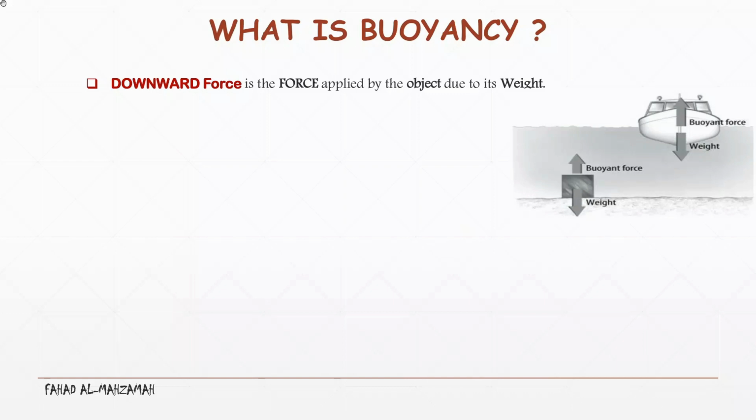One force is due to the weight of the object, while the other force is due to the buoyancy, or the buoyant force. Now one question. We said in the floating objects, these two forces are balanced.